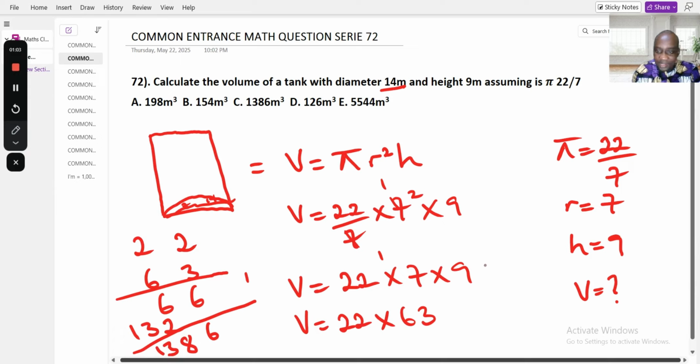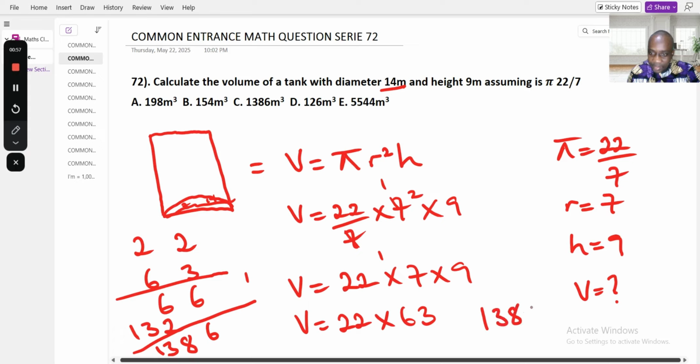Our final answer is 1,386 meter cube. Do we have the answer there? Yes, number C. We got it. 1,386 meter cube. Let's move to the next question.